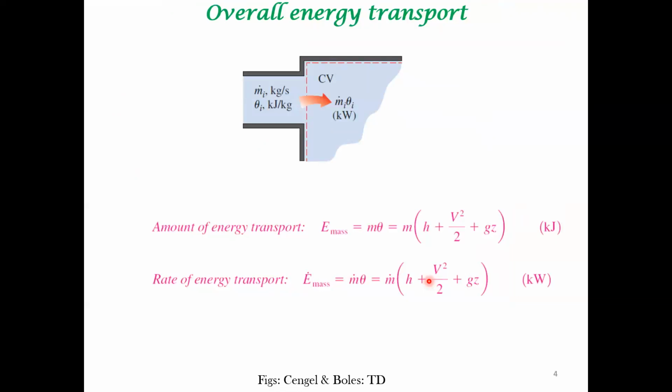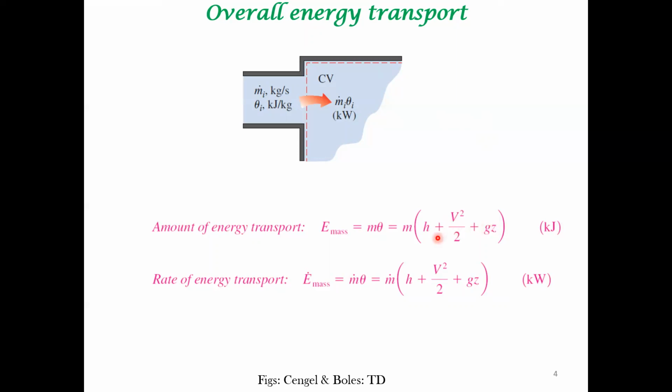Continuing on, to compute the overall energy transport, the energy transported by the mass that is coming in is equal to mass times the specific energy, theta, in kilojoules per kg, multiplied by the total amount of mass. This is an expression which we saw in the previous slide.